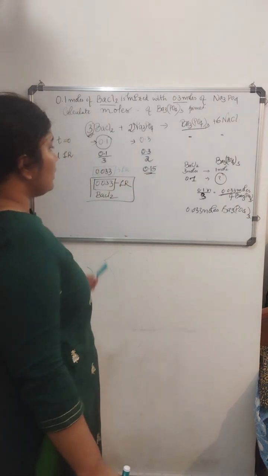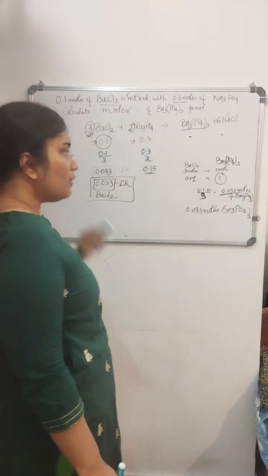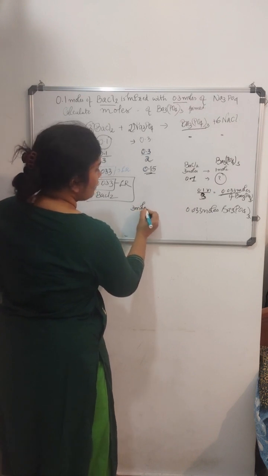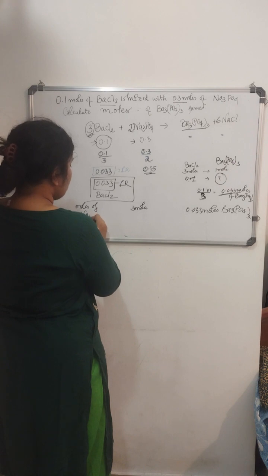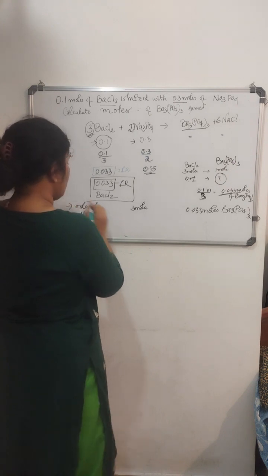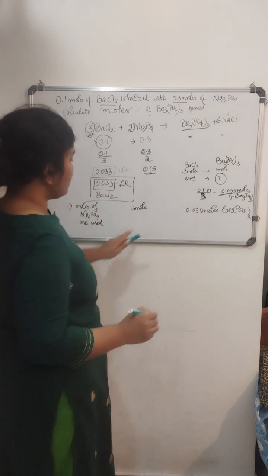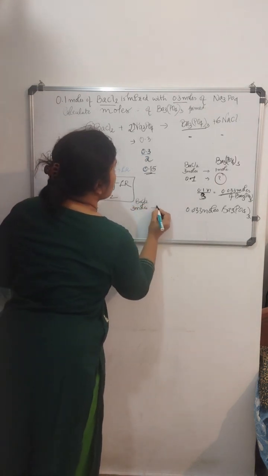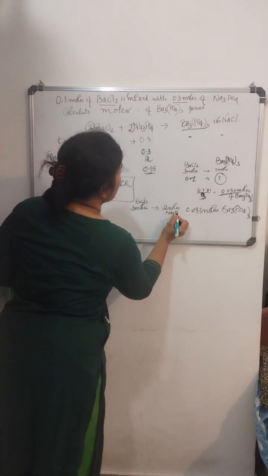On the other hand, if we are asked how much Na3PO4 is used, then how do we calculate? We use the same technique. The question is how many moles of Na3PO4 are used. The equation says 3 moles of BaCl2 requires 2 moles of Na3PO4.